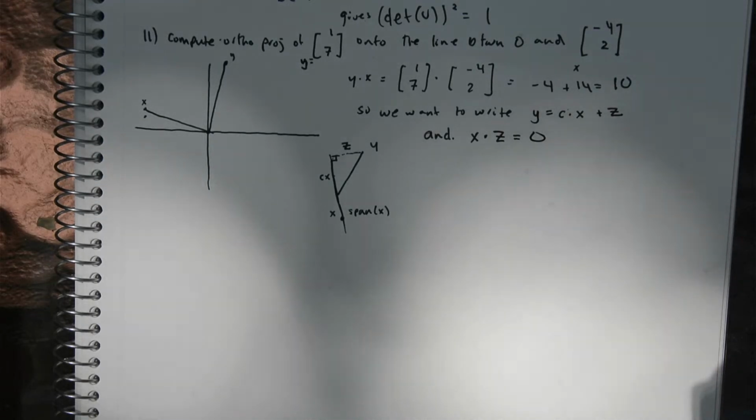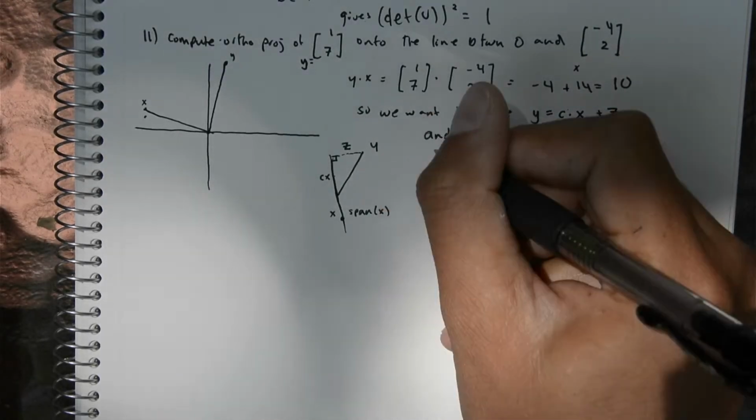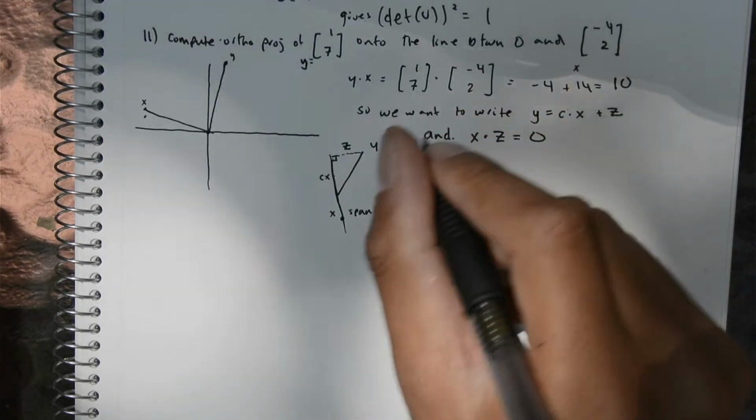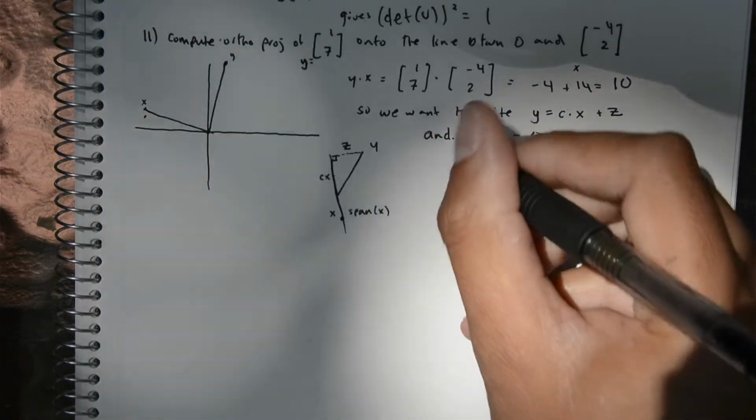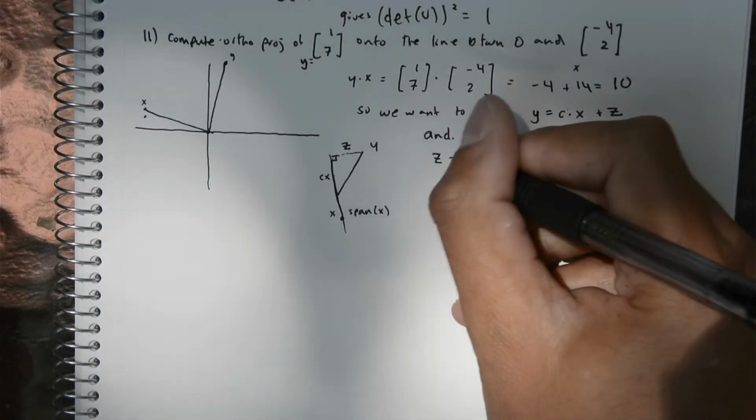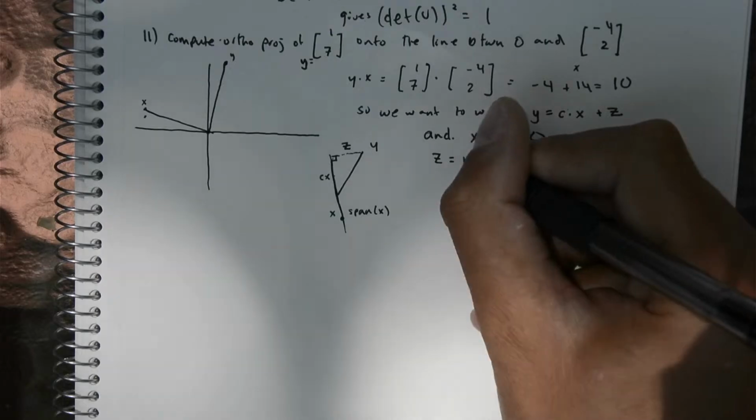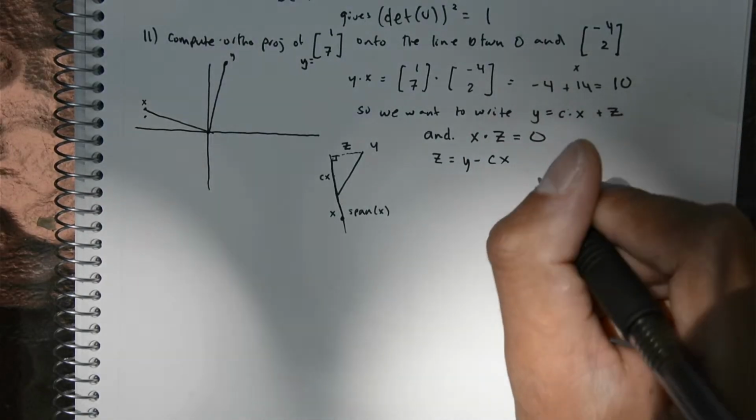So the derivation is, we can rewrite this as z is equal to y minus cx.